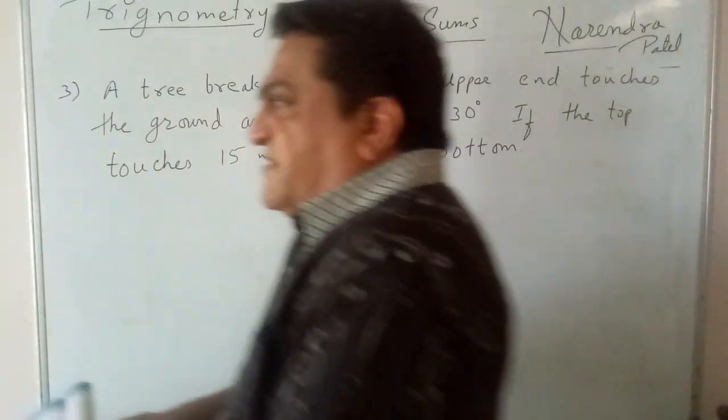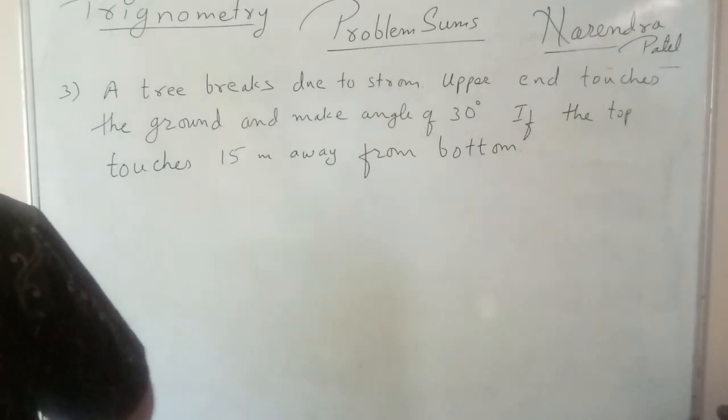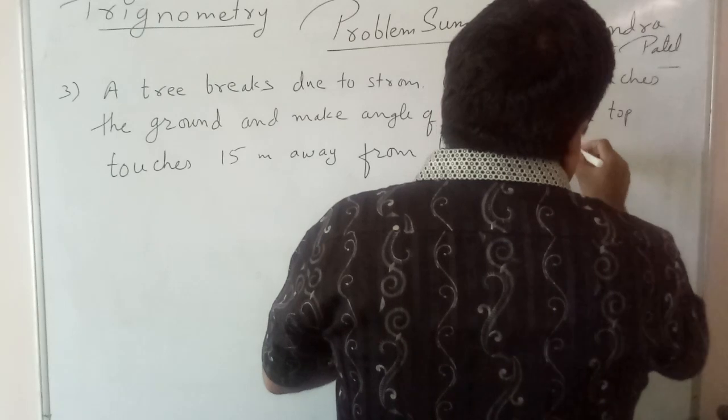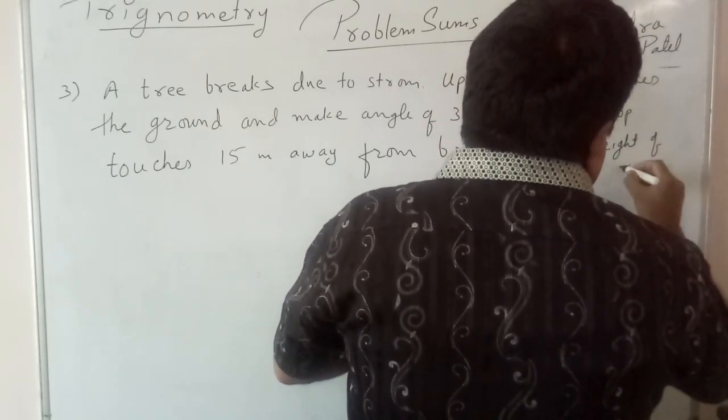The top which is touching the ground, it is 15 meters away from the bottom. Now find the height of the tree.